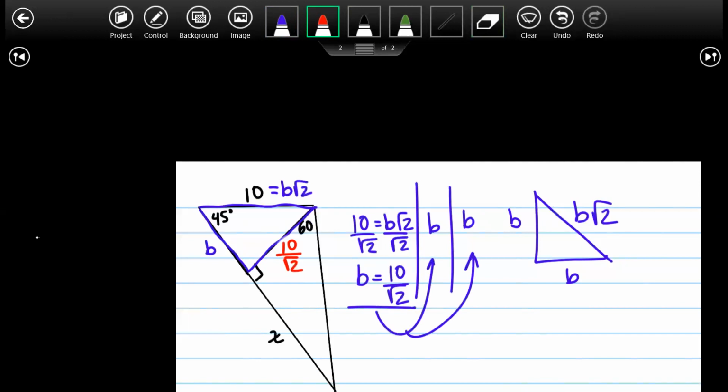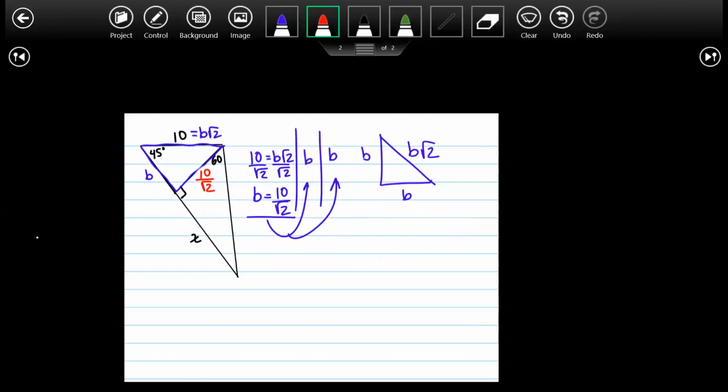Now, in order to finish this out, we've got to be able to do the 30, 60, 90 triangle here. The bottom short side is b. The hypotenuse will always be 2b. That means the medium side is b radical 3. We've got to correctly label the 30, 60, 90 triangle on this one. So my hypotenuse will be 2b.